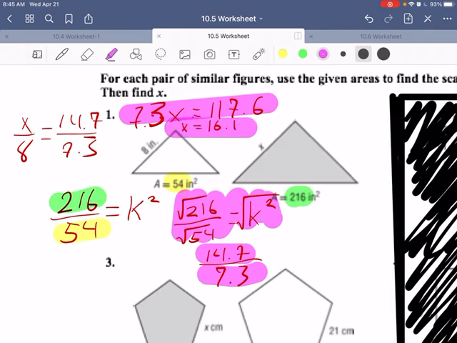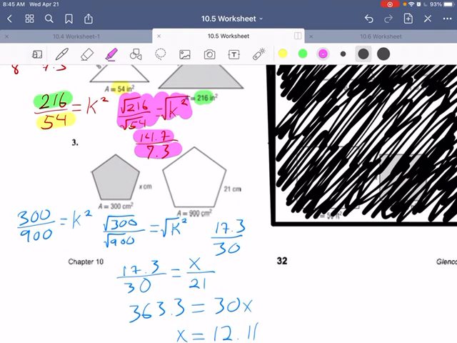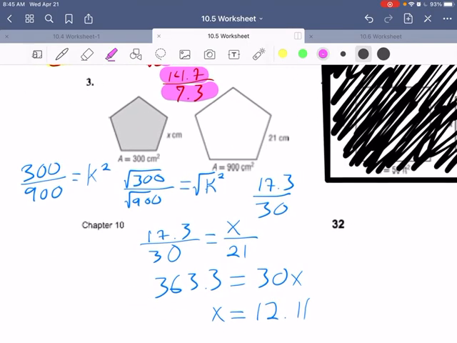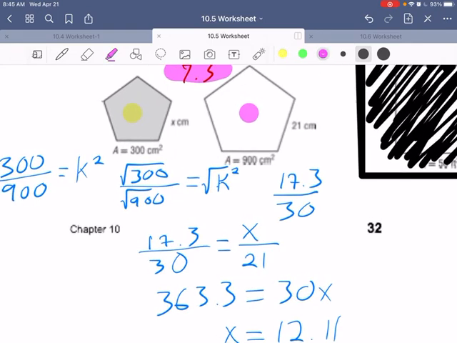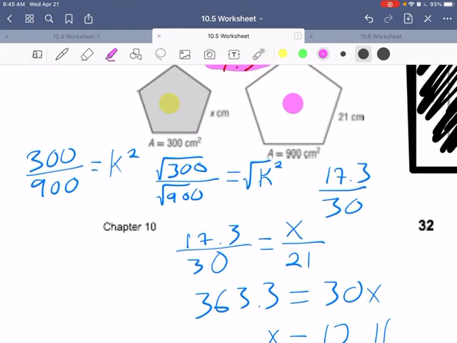Kind of the same scenario here, but we're going actually from our unshaded to our shaded, so from the larger to the smaller in this one. So we put where we're going to over where we're coming from. Sorry, I mixed up those colors. So where we're going to over where we're coming from.